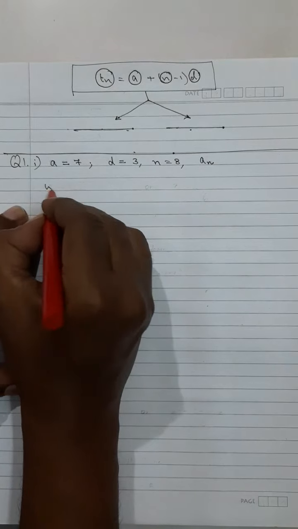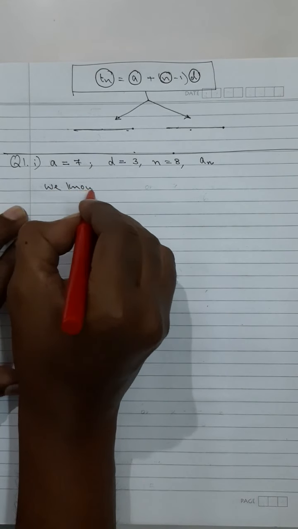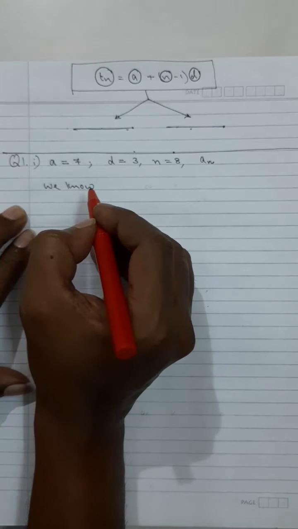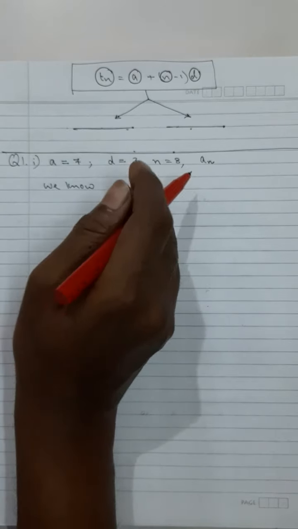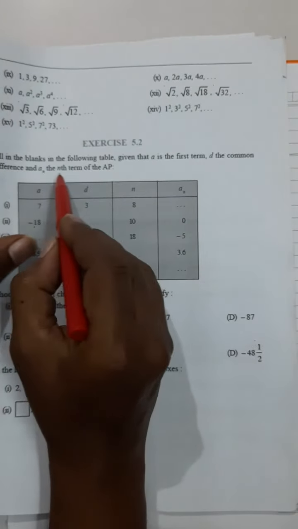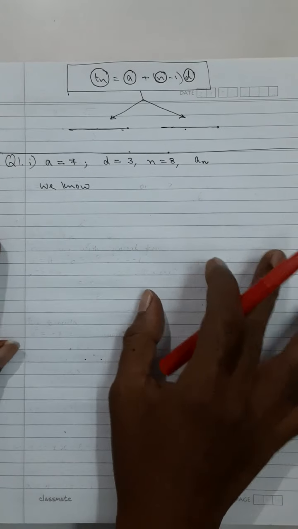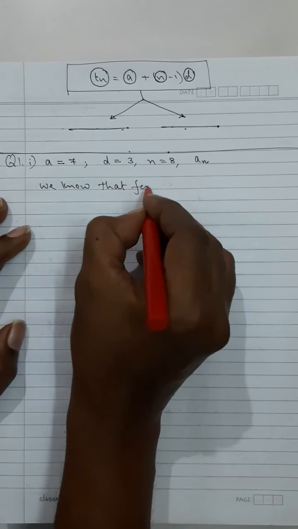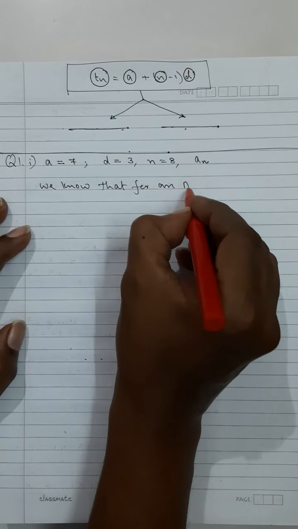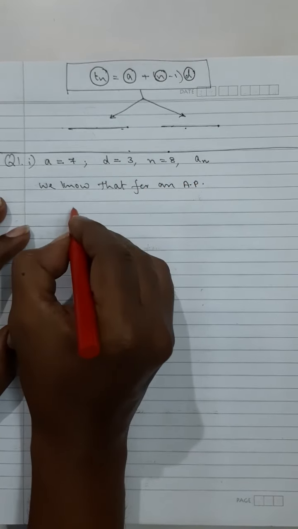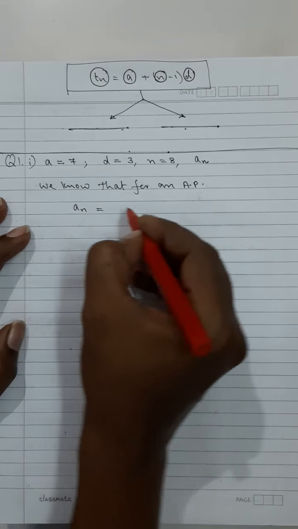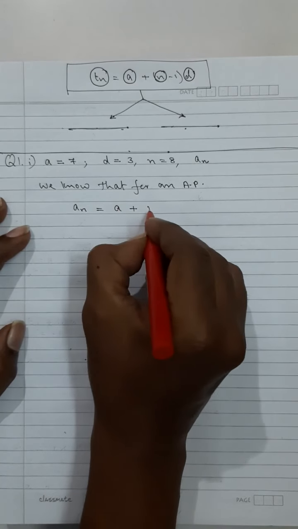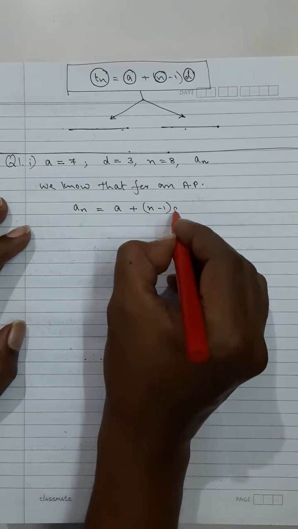In the question they have given that it is an arithmetic progression. We have to be careful about that, because only if it is an arithmetic progression can we use the formula. We know that for an arithmetic progression, An is equal to A plus N minus 1 into D.